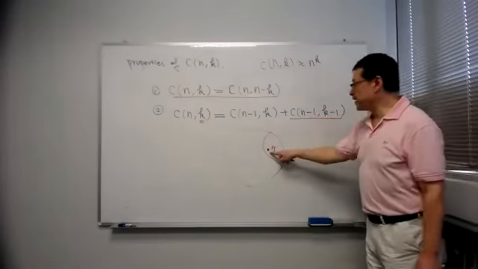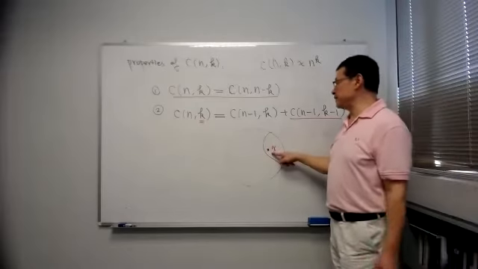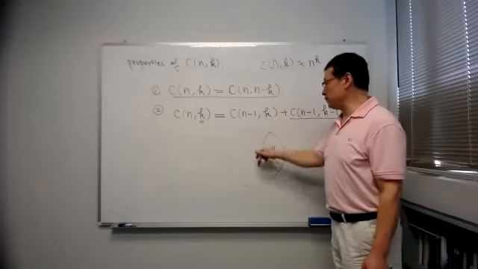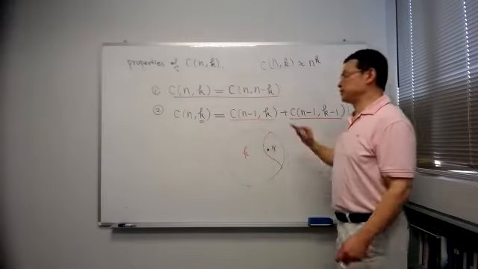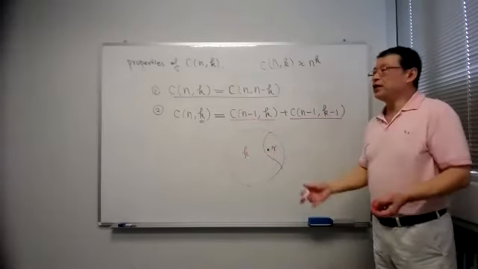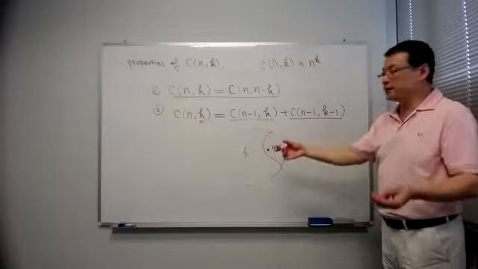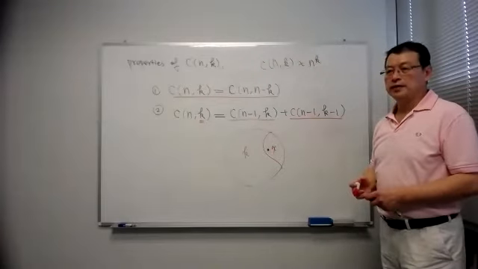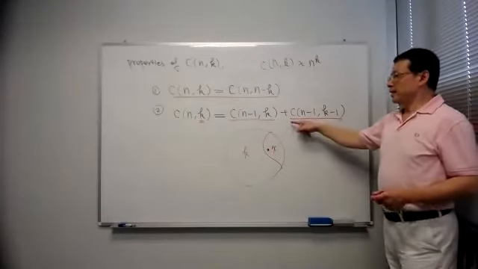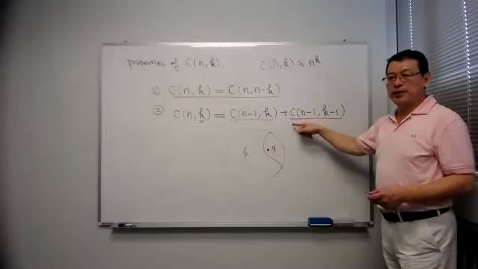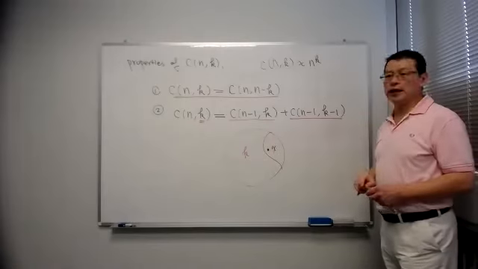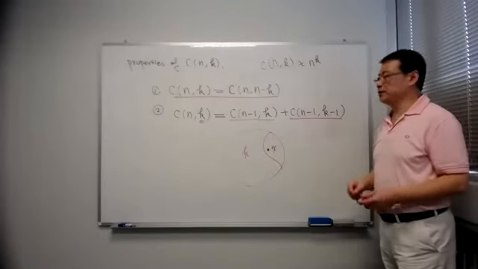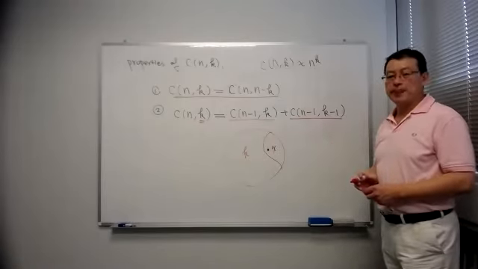If I do not use this element, all the k elements will come from this part. This gives us this one. Of course, we can also obtain this from the formula, but it's easier to use its combinatorial meaning to obtain this equality or recurrence for this number.